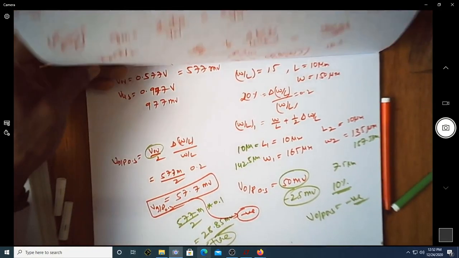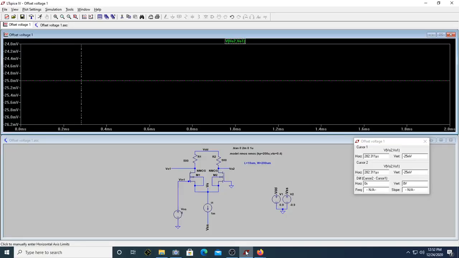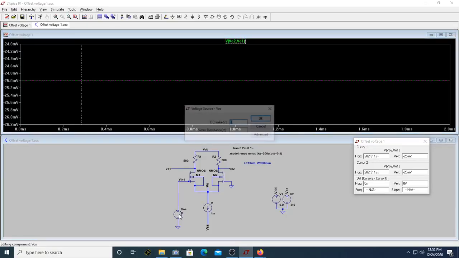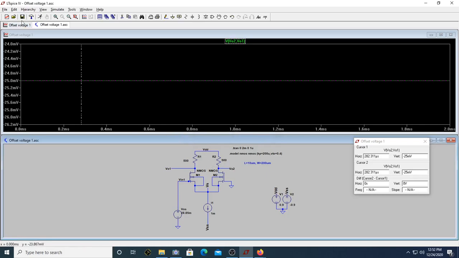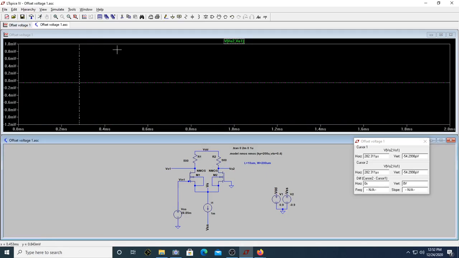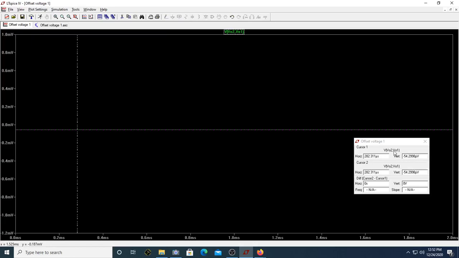So I'll go back to this simulator. I'll apply 28.85 millivolt. Done. Let me save this and then run. If you can see, the error is almost 0.